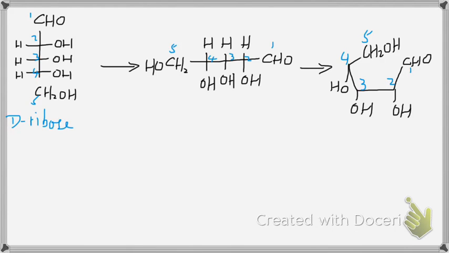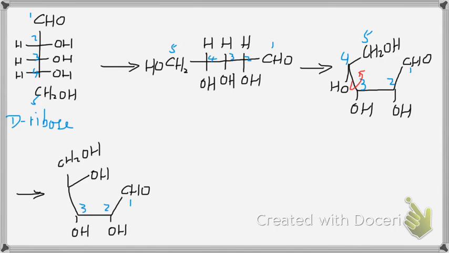So we are going to rotate the C3-C4 bond so that the C4 OH will be pointing to the right-hand side. And as we rotate this bond, C4 OH to the right-hand side, then the C5 CH2OH, this part, will now be pointing up, right?